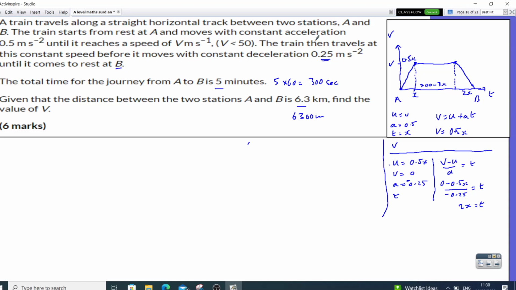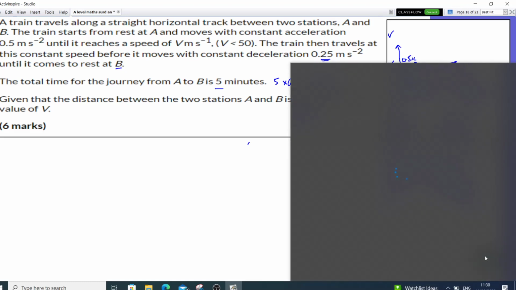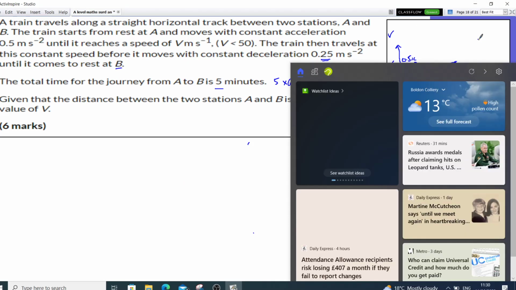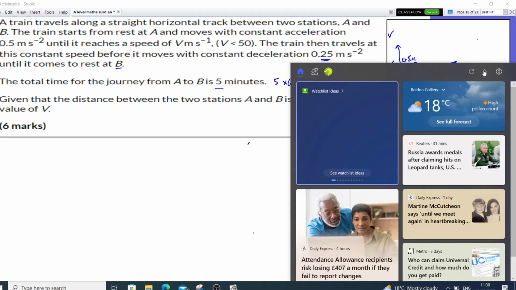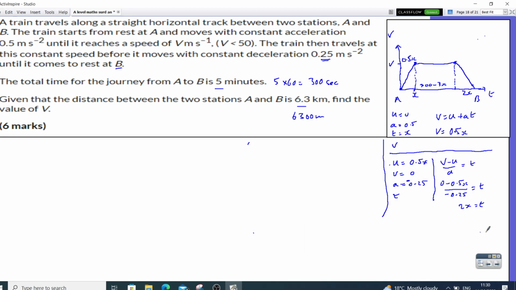Okay, so now let's use a different color here. Let's use red. So we know that this area here is going to be 6,300.